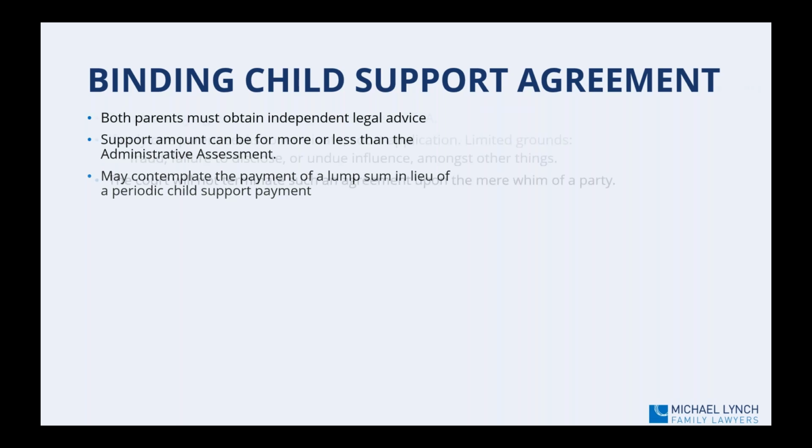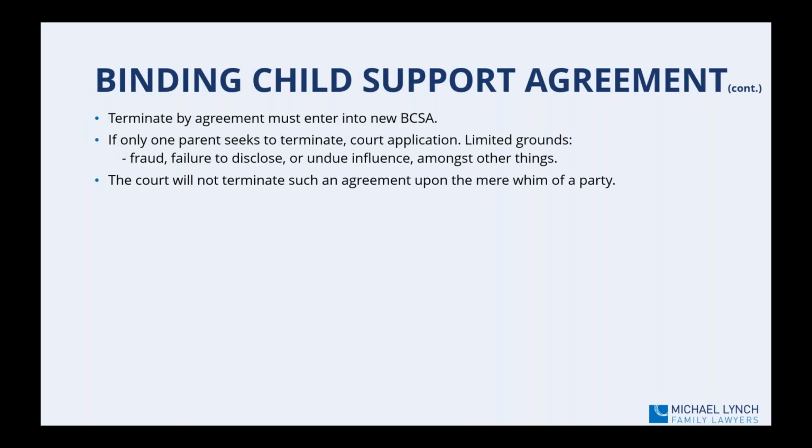Importantly, there has been a recent change in legislation concerning binding child support agreements that relate to the termination of binding child support agreements. So typically, child support agreements or binding child support agreements would have termination clauses in there. So it would say upon the child turning 18, or upon the child becoming self-sufficient, or upon the child, if it was anticipated that they were going to marry or enter into a de facto relationship.